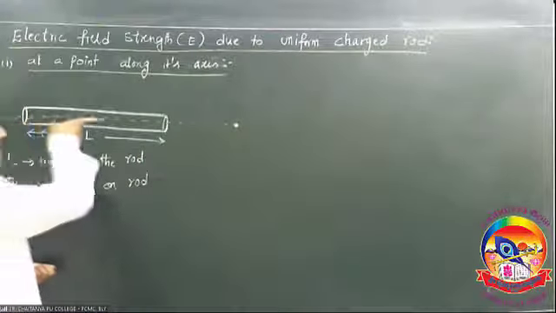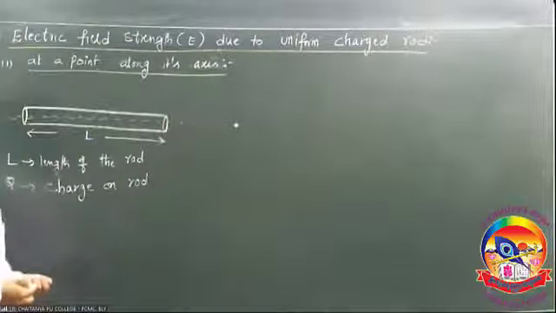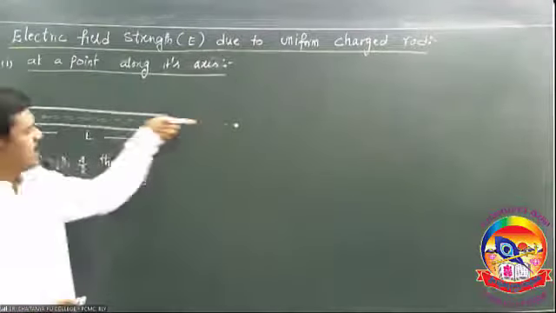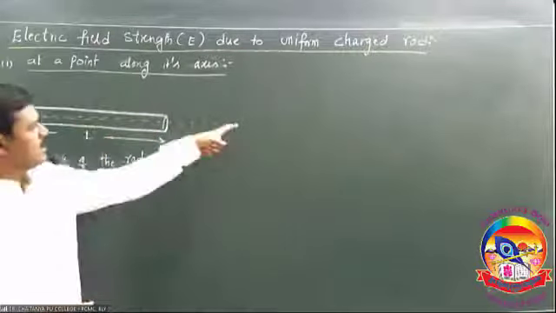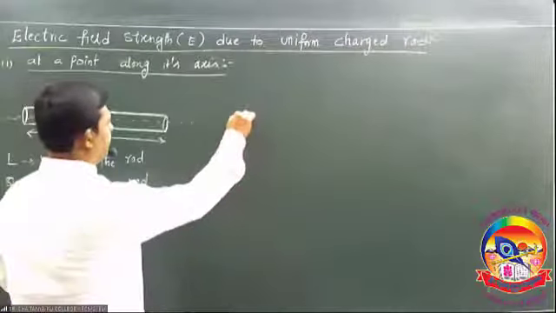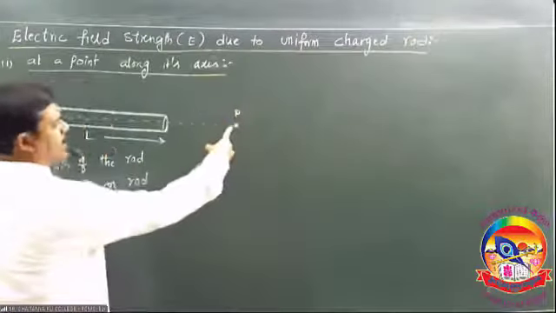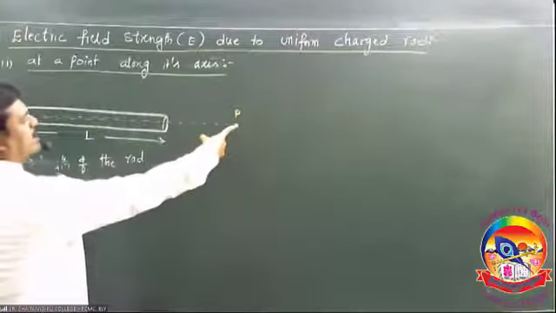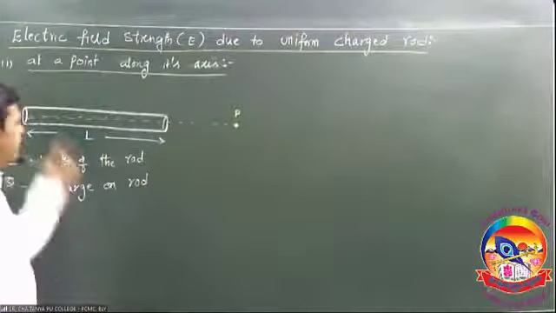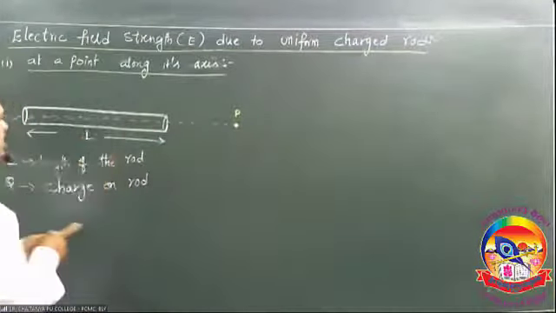So you can say this one as the axis of the rod, natural axis, because rod is like a cylinder. Here is the point P. You are asked, what is the intensity of electric field or electric field strength at this point P due to this charged rod, right?